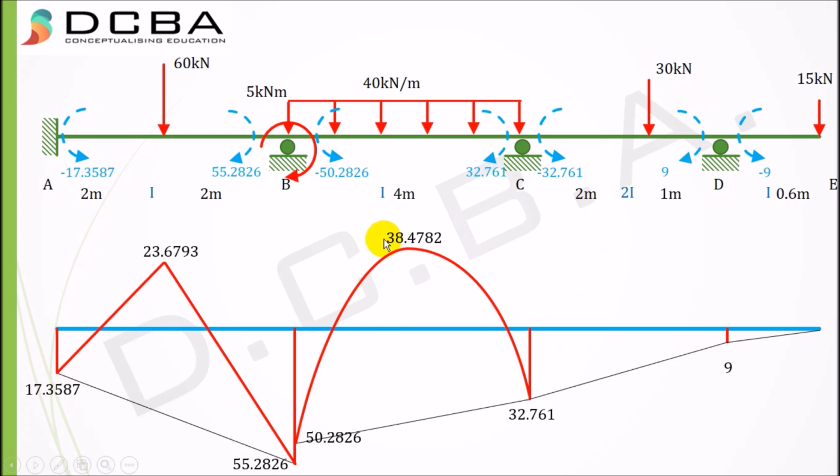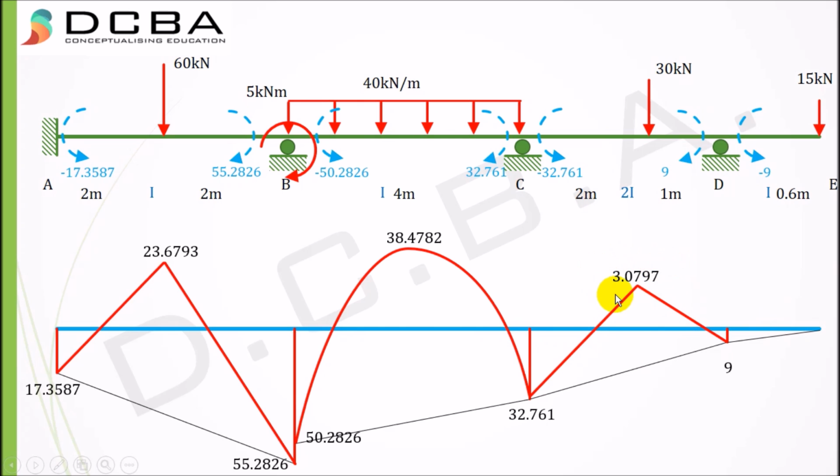So 38.4782. The simply supported moment value for this will be again a triangle with a value of WAB by L equal to 20, and we have to again subtract this value, which is 16.9203, and subtracting 20 minus 16.9203 equal to 3.0797.